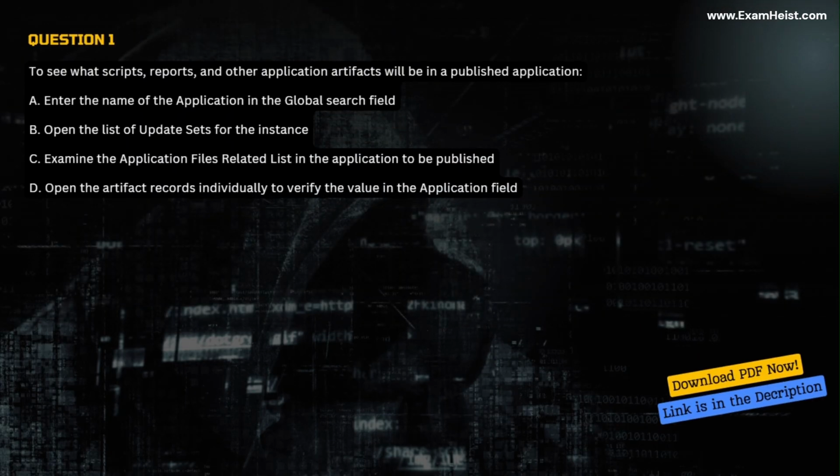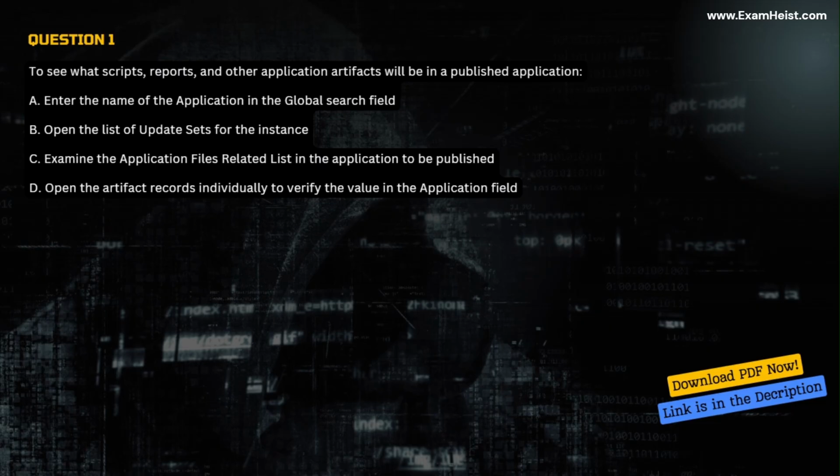Question 1. To see what scripts, reports, and other application artifacts will be in a published application. A. Enter the name of the application in the global search field. B. Open the list of update sets for the instance. C. Examine the application files related list in the application to be published.